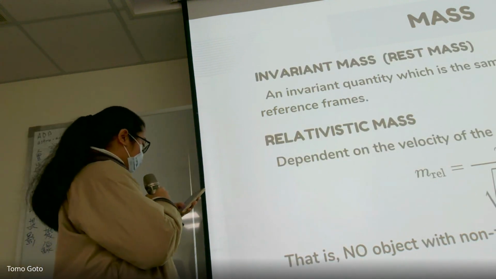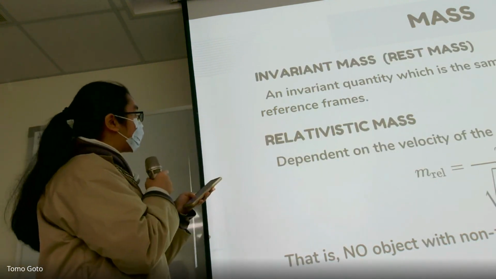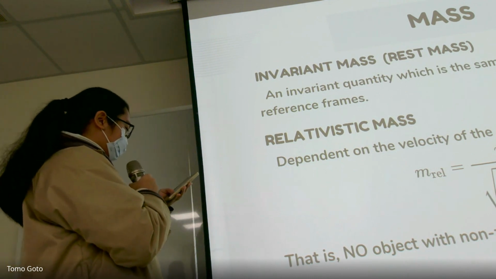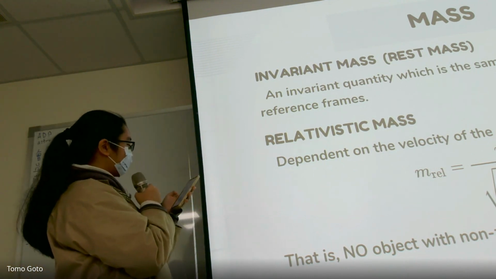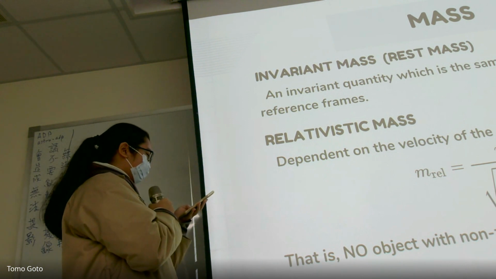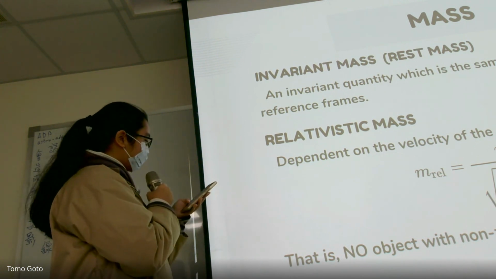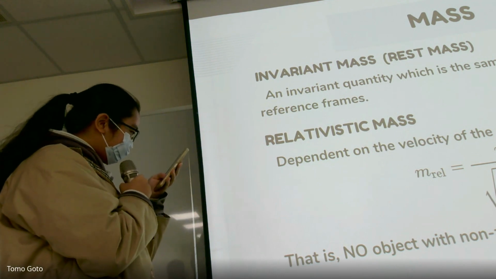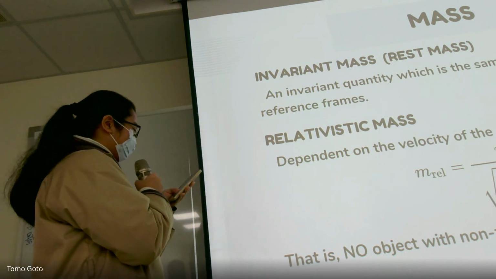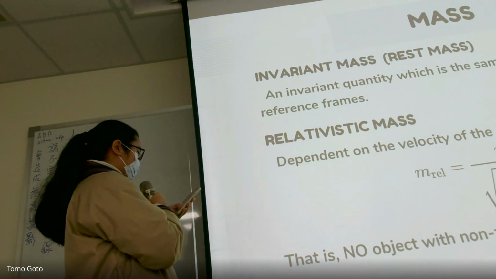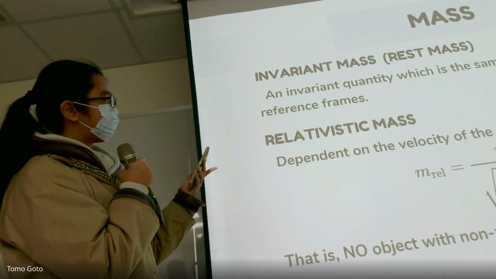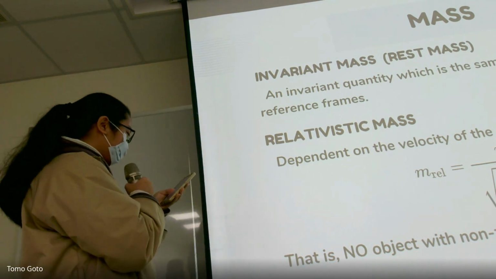After that, I'm going to talk about mass. In relativity, the invariant mass is a quantity which is the same for all observers in all reference frames, while the relativistic mass depends on the velocity of the observer, and this is the relation between the two.